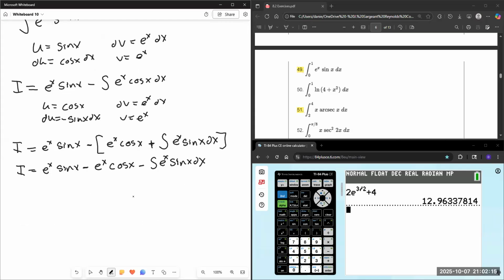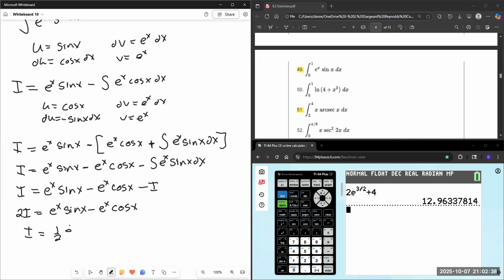And this is I is equal to e to the x sine of x minus e to the x cosine of x minus I, so 2I is equal to e to the x sine x minus e to the x cosine of x. I is equal to 1/2 e to the x times sine x minus cosine of x.